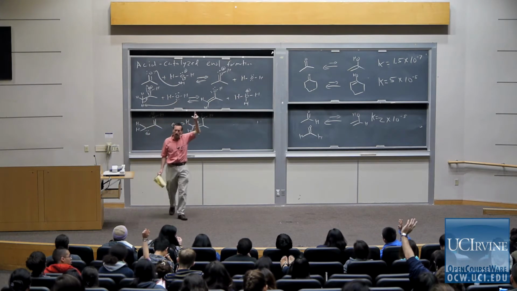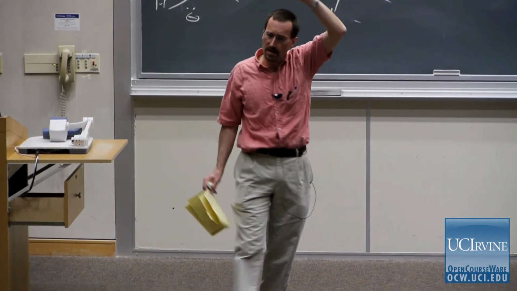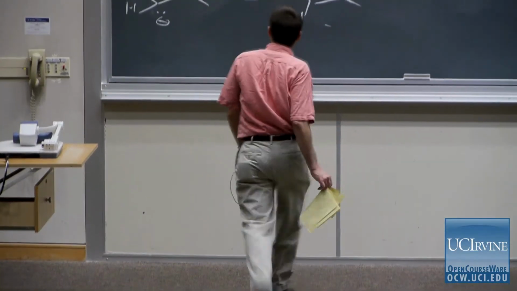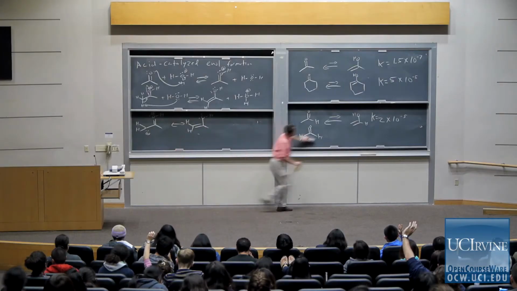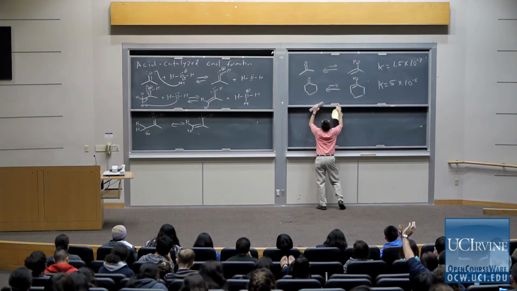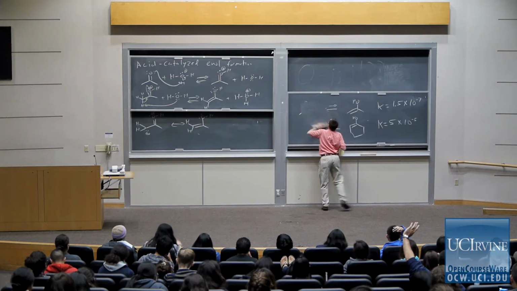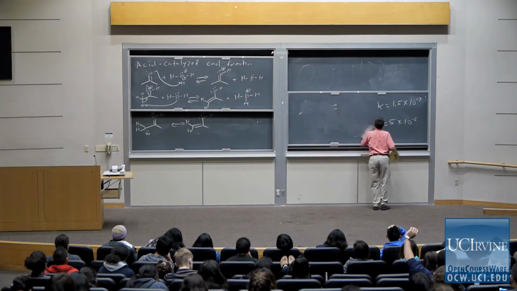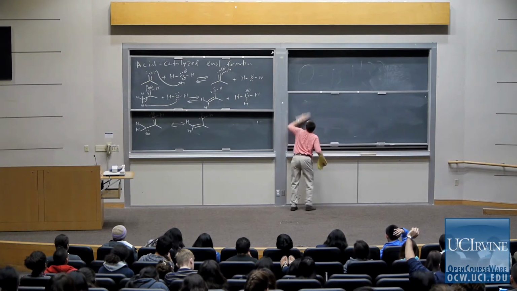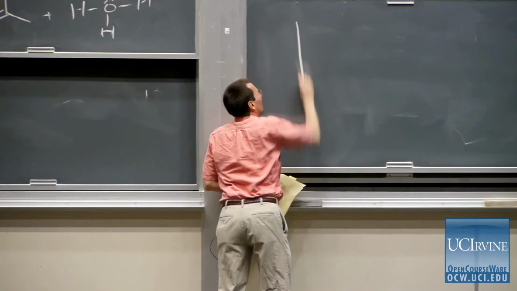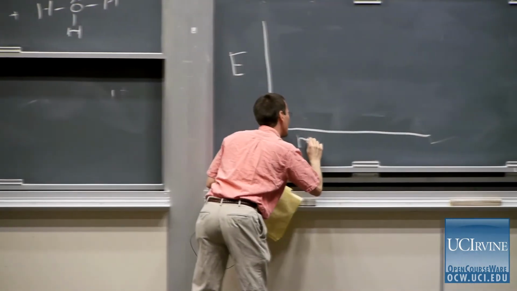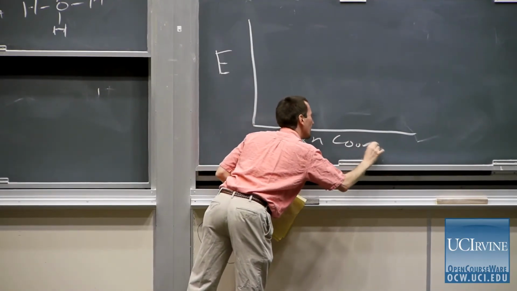And guess what? Most of the time, your equilibrium partitions back. In other words, when you have an equilibrium like this, so here's our energy, here's our reaction coordinate.